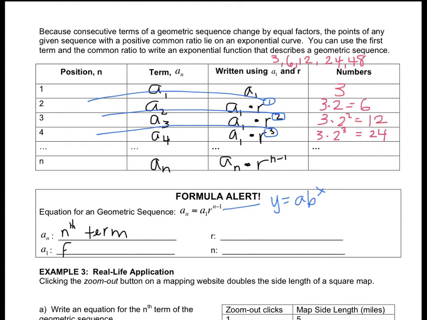A sub 1 is the first term. R would be my common ratio. And n is the position that you're talking about, the position or the term number that you're being asked to find.